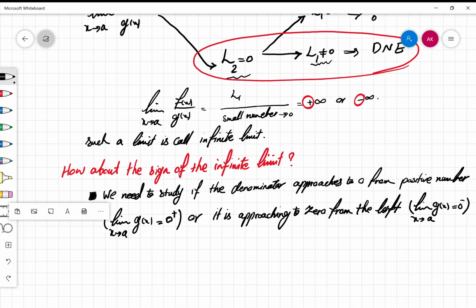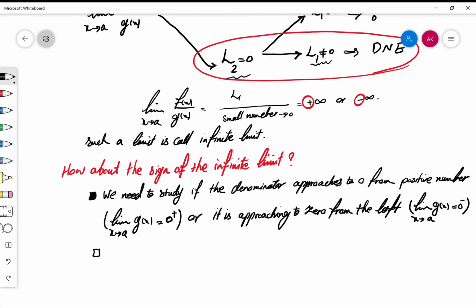Okay, so when you have that, everything is now, if you figure out if it is positive or negative 0, then you just multiply the sign of 0. Well, 0 itself doesn't have the sign.